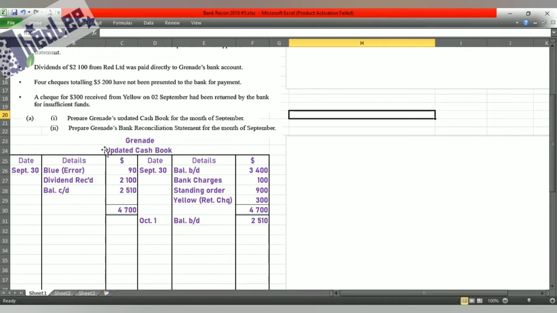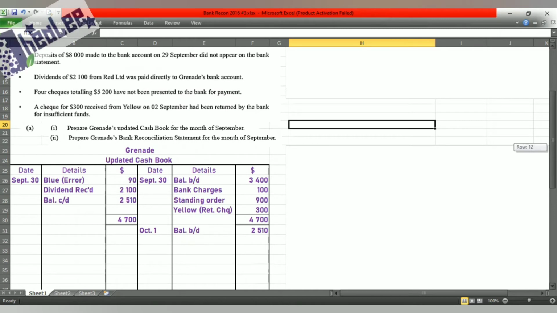$2,510. Part 2 asks us to prepare Grenade's bank reconciliation statement for the month of September. Now, there are two formats in preparing the bank reconciliation statement. One where you start with your updated cash book balance, and the other you start with your balance as per bank statement balance.